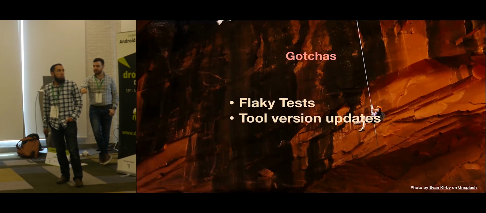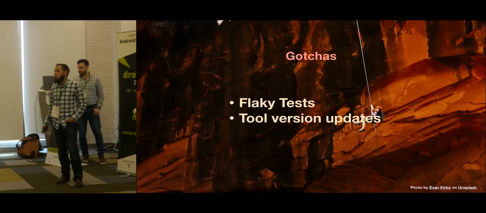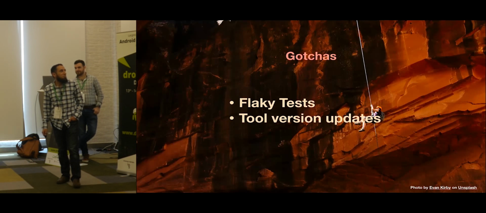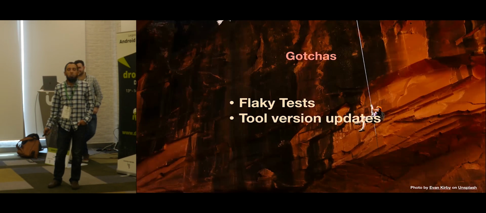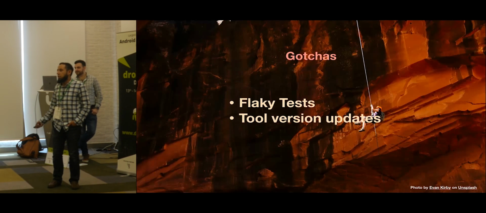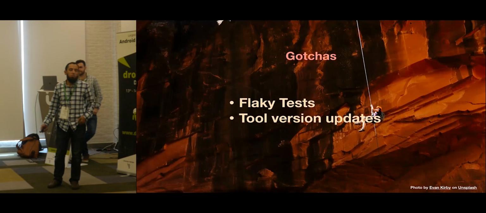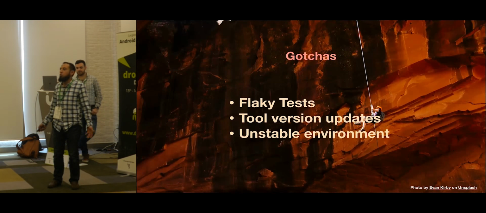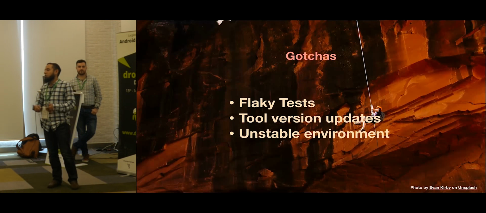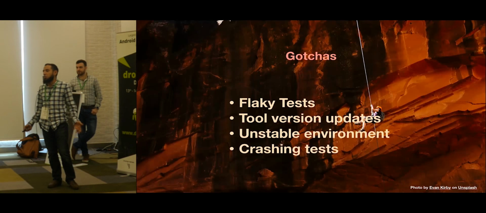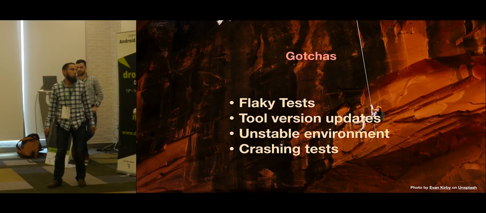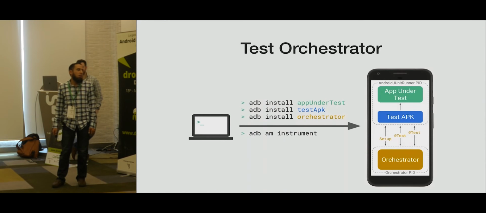A couple of gotchas: flaky tests. Don't sleep in your tests, please. Tool version updates. This is particularly relevant when you're using something self-hosted like Jenkins. If you update the version of the build tools, you have to actually go and update the box to have that version of the build tools. Similarly, if the testing environment or the CI environment is unstable, developers complain that my code is not compiling properly, even though it works on my machine.